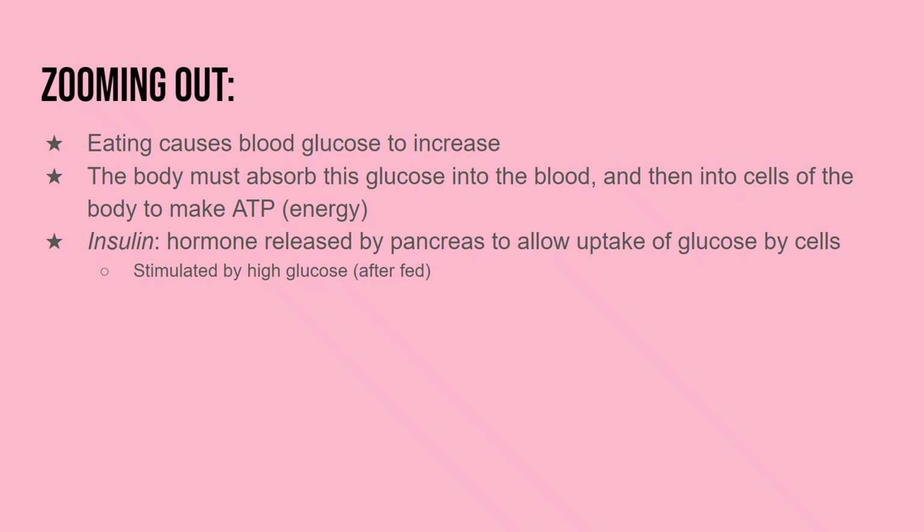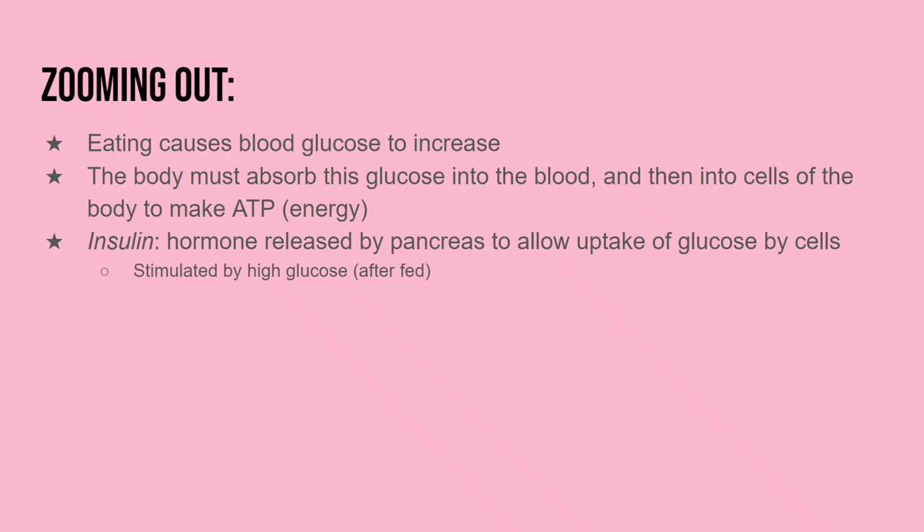So to zoom out, to set the stage of what we're talking about: when you eat food, the food gets broken down and is absorbed into the blood, which causes blood glucose to increase. When the glucose levels in your blood are increased, your body has to do something with it. It can't just stay there.